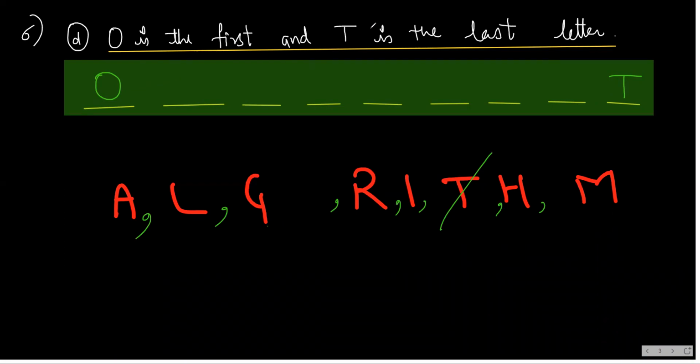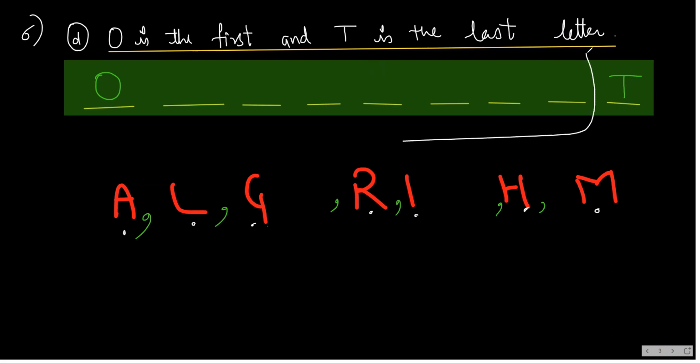Same is the case with T. T is also used up. So students, when O and T are used up, what are you left with now? You are left with 7 letters. 1, 2, 3, 4, 5, 6, 7.